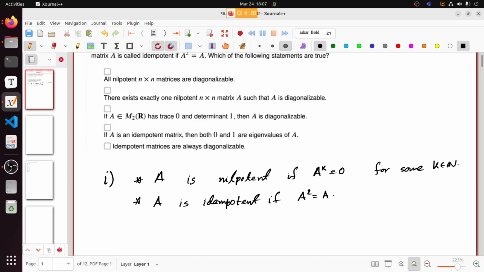So the first option is saying that all nilpotent n cross n matrices are diagonalizable, right?